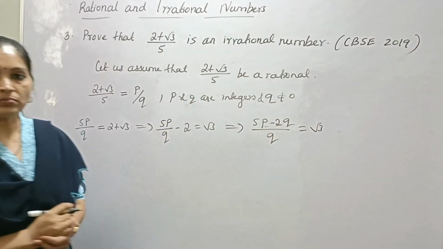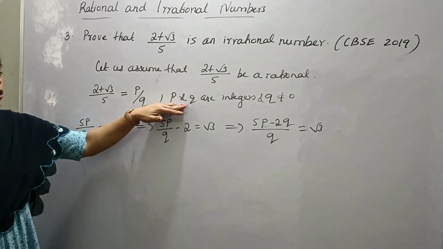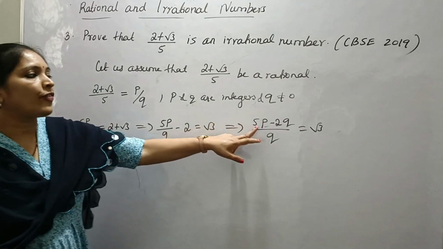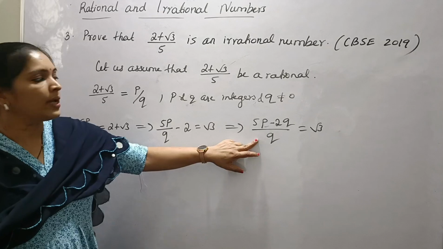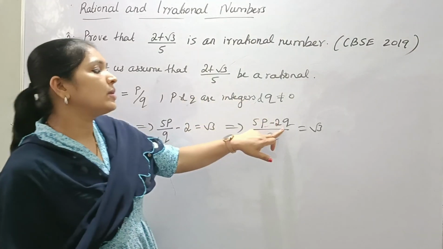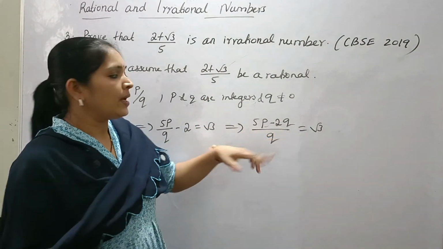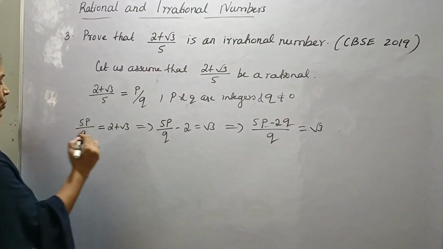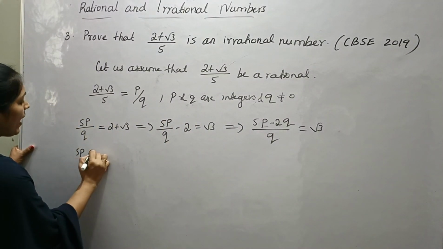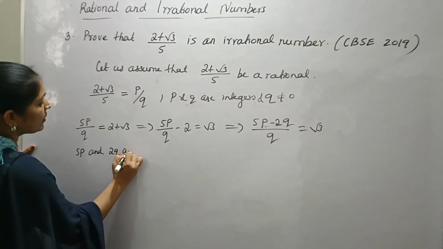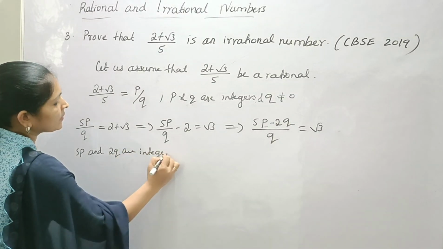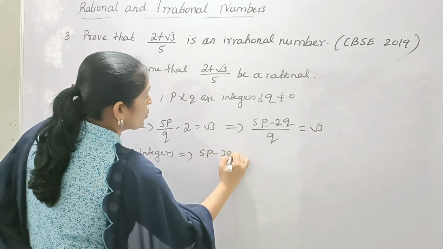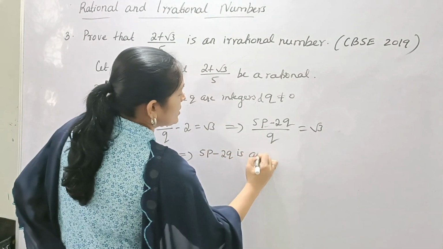Here we know that p and q are integers. Since p is an integer, 5p is also an integer. Since q is an integer, 2q is also an integer. And integer minus integer is again an integer, right? So 5p and 2q are integers, which implies 5p minus 2q is also an integer.